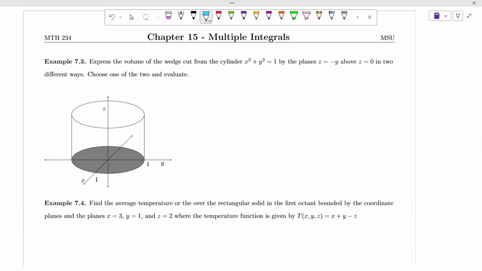Okay, so on example 7.3, you want to express the volume of the wedge cut from the cylinder x squared plus y squared equals 1, conveniently already drawn for us, by the planes z equals -y and z equals 0 in two different ways.